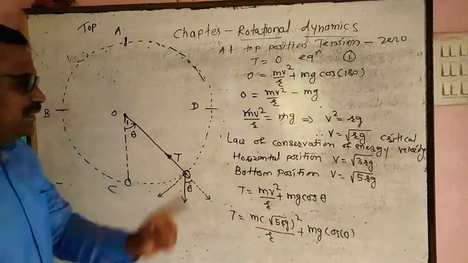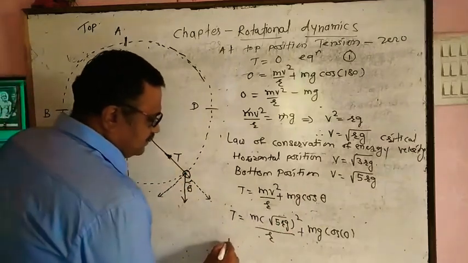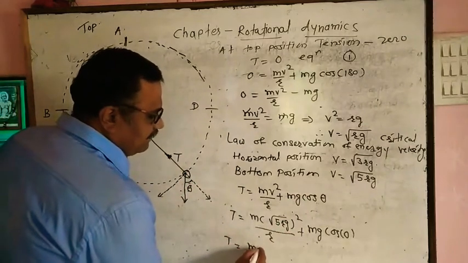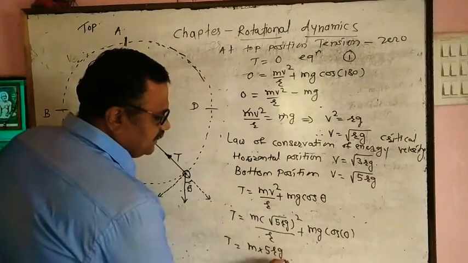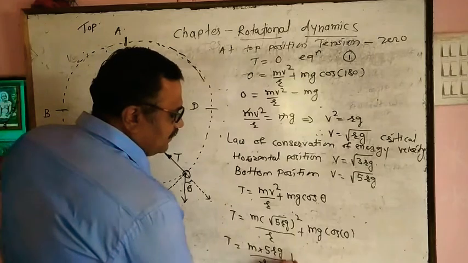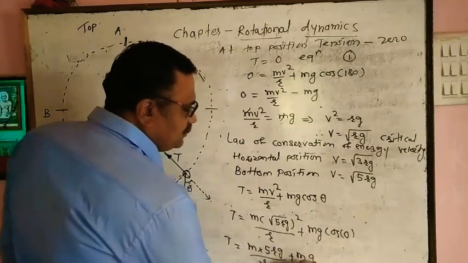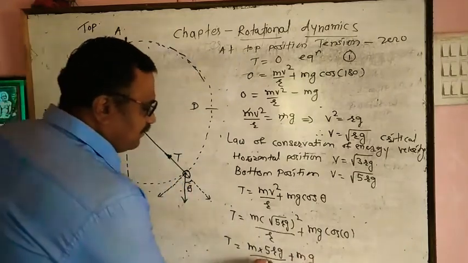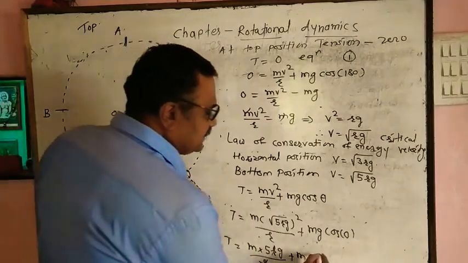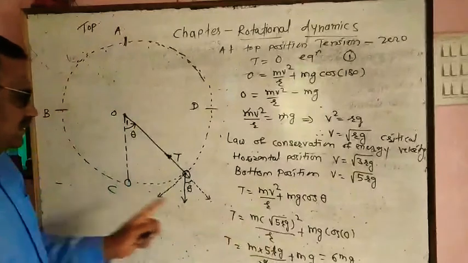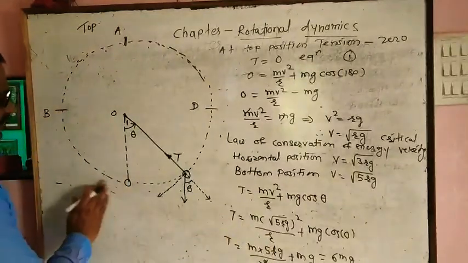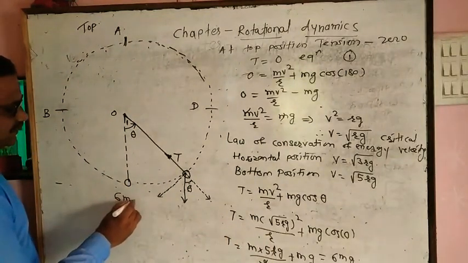Therefore, cos 0 is equal to 1, and hence we get T is equal to m into 5 into r into g upon r plus m into g. Therefore, we get 6 mg. Tension in the string at the bottom position is equal to 6 mg.